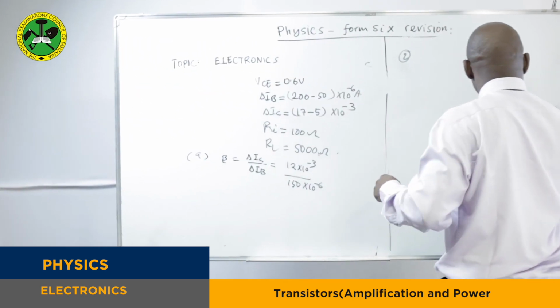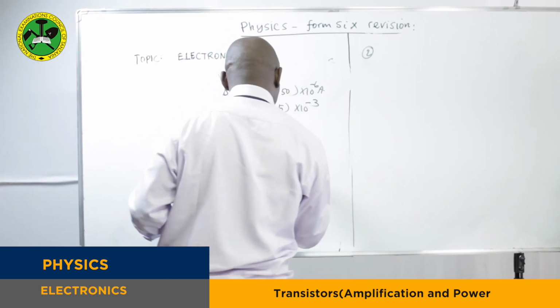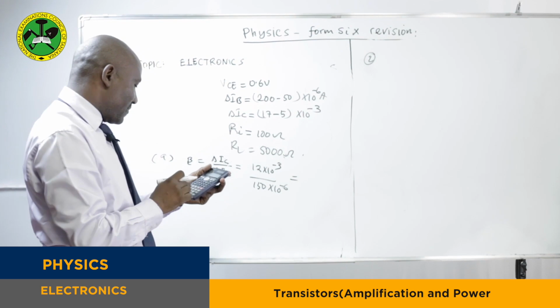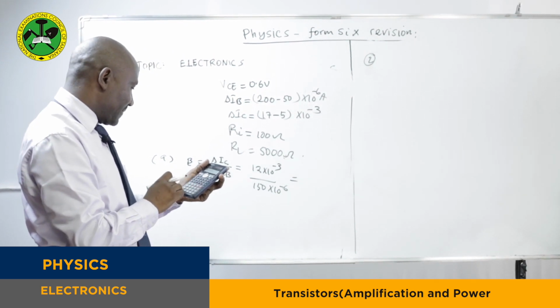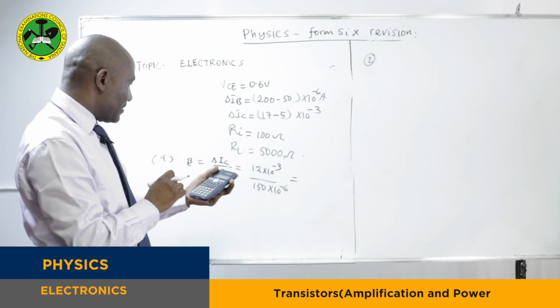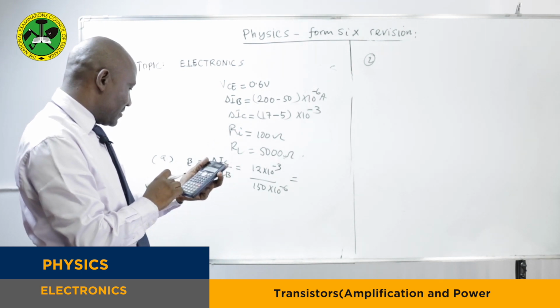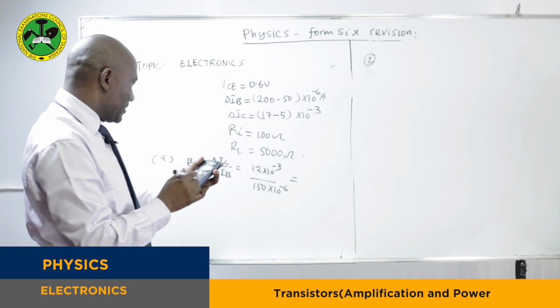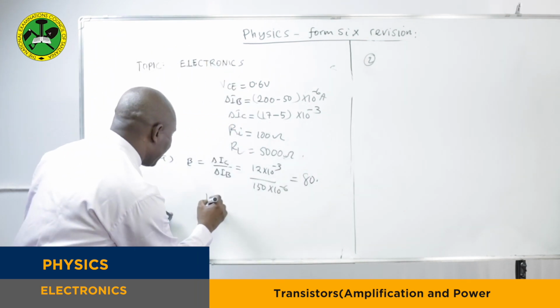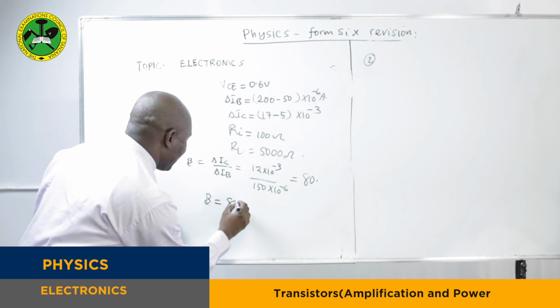Using your calculator, you can find the current gain. Quickly, we take 12 divided by 150 and then multiply by 10 to the power 3. This is giving us 80. So the current gain of the transistor is 80.